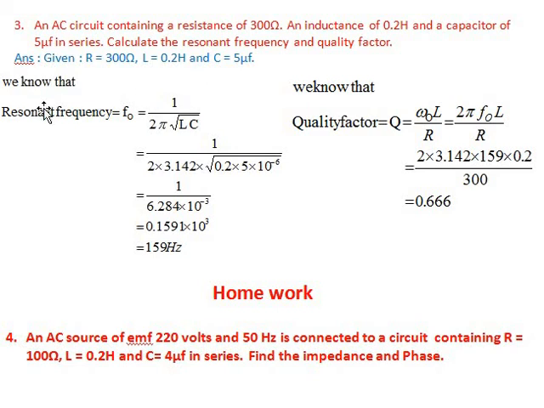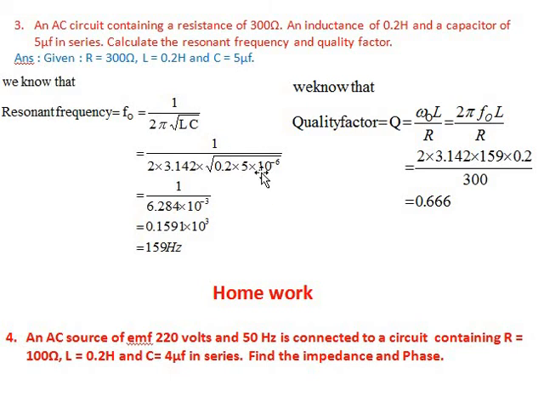Now we know that resonant frequency F naught is equal to 1 by 2 pi into square root of L into C. Just substitute the values of L and C here and pi value, that is 2 into 3.142 into square root of L value 0.2 Henry into capacitance value 5 microfarad.